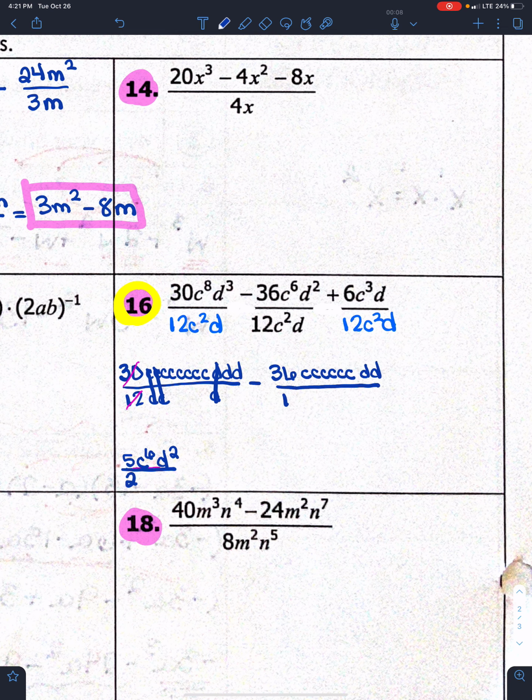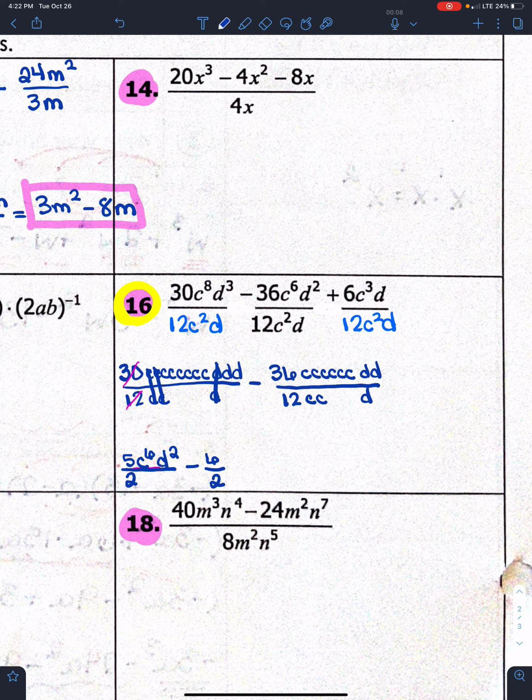All over 12. And I have 2 c's and a d. So we've got a negative 36 divided by 12. They can both be divided by 6. So I've got 6 over 2.